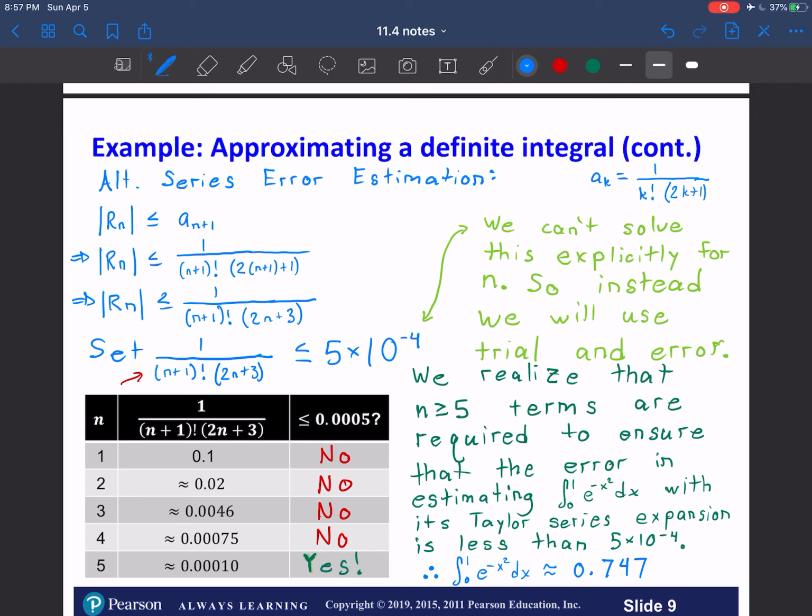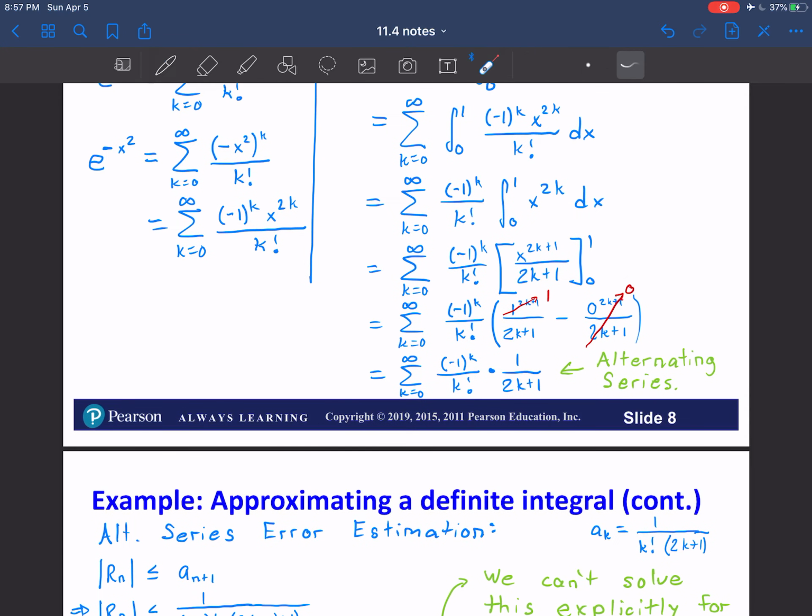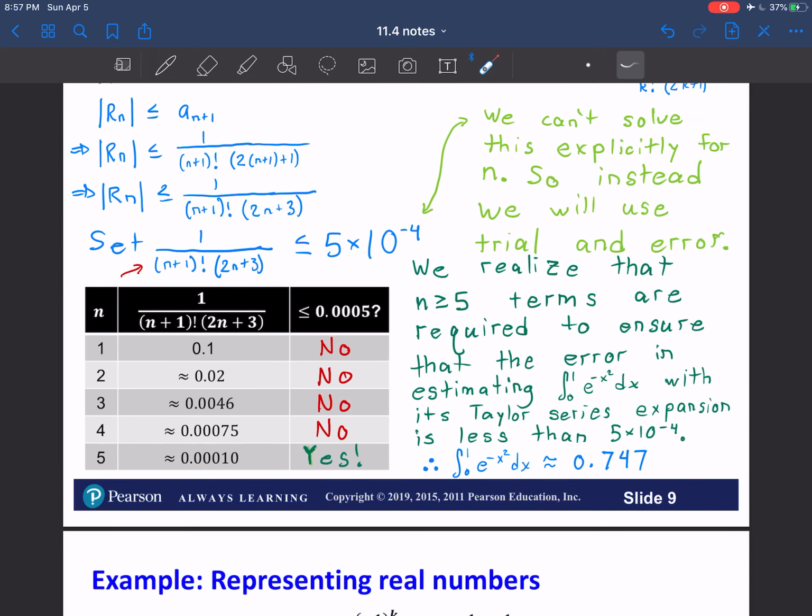And this number, 0.747, comes from this Taylor series whenever we use the first 5 terms. So if I were to just consider the sum from k equals 0 to k equals 4, that's the first 5 terms, then that would give me this number. All right, and I can guarantee that this is within 5 times 10 to the negative fourth of the true answer.